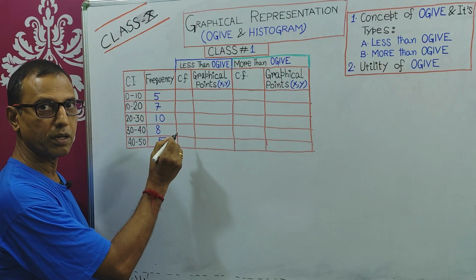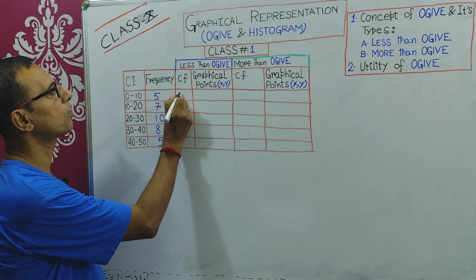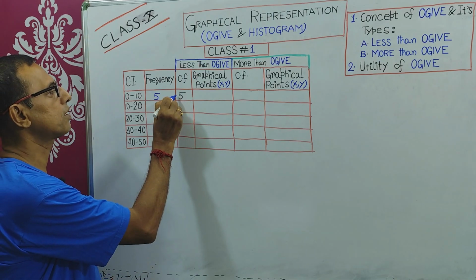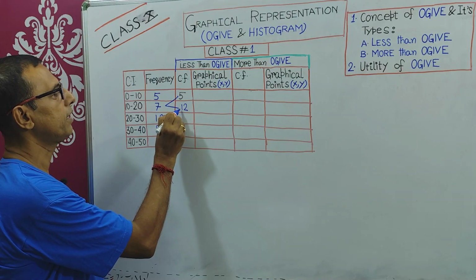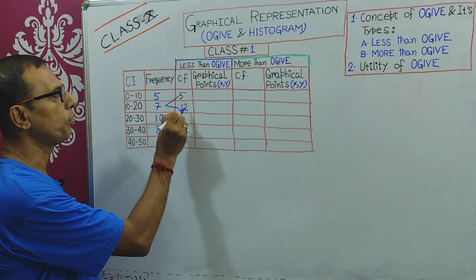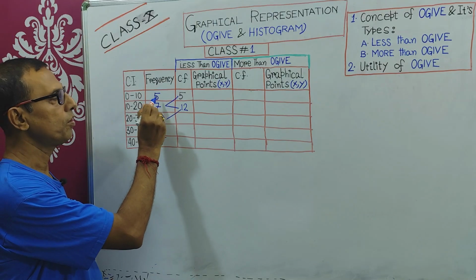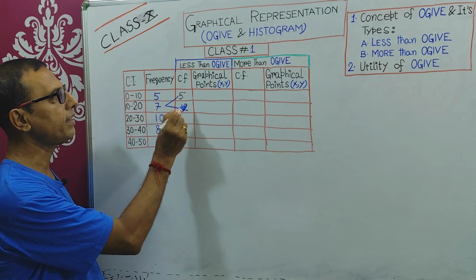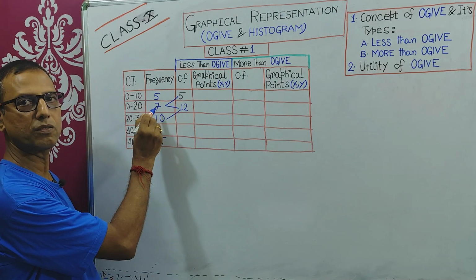Then I will explain exactly what it means. So the first cumulative frequency is 5, the second one is 5 plus 7, it is 12. Then it is 12 plus 10. So we add up each frequency with its next frequency, and then the resulting cumulative frequency, we add to the next frequency.